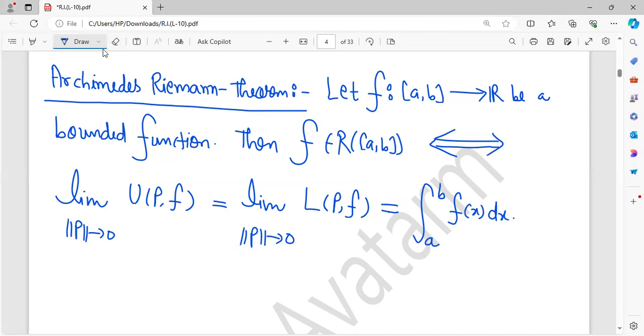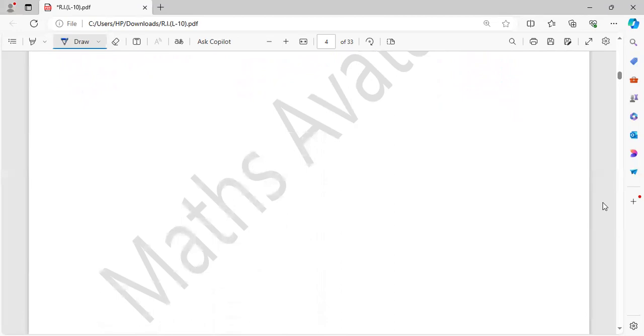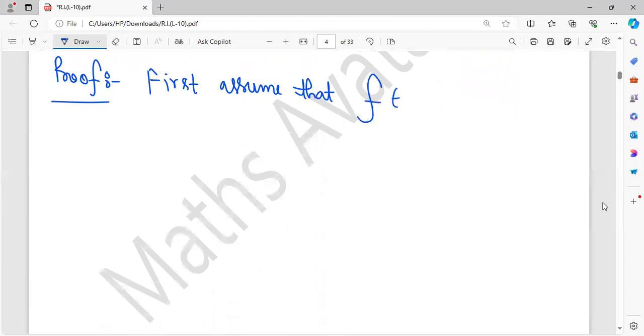Proof. First, assume that f is Riemann integrable.